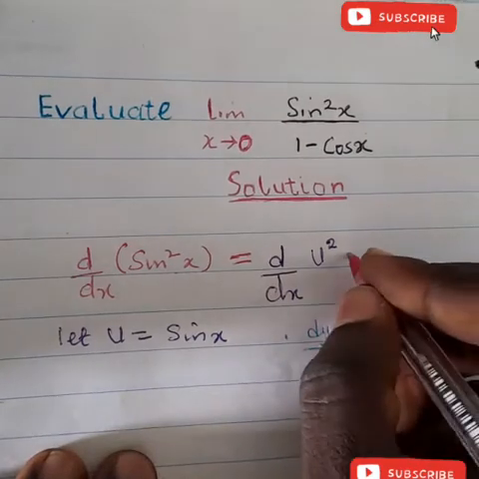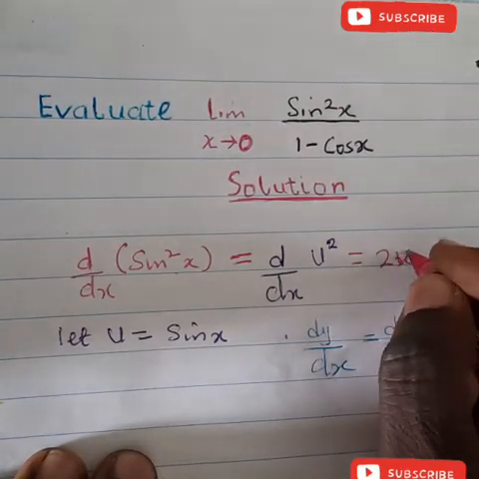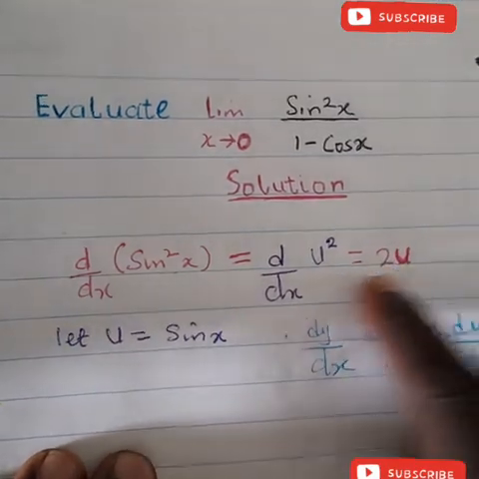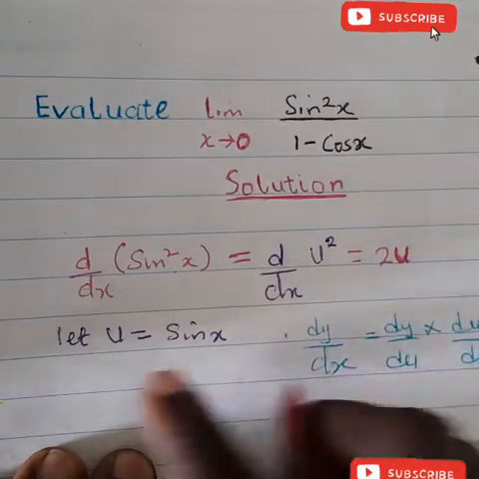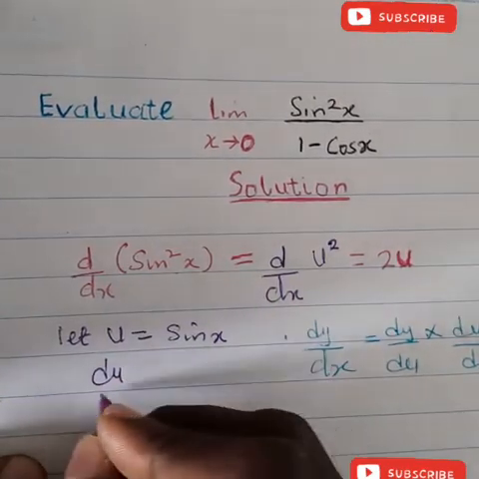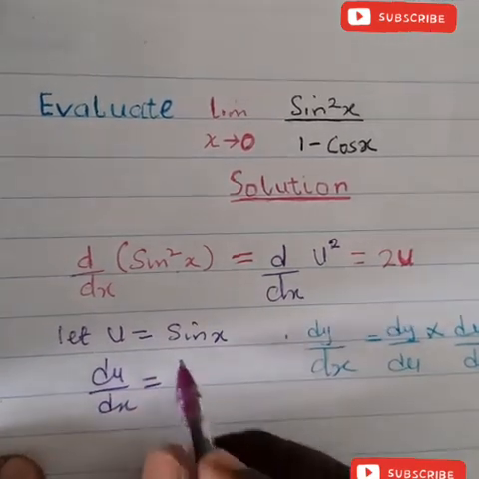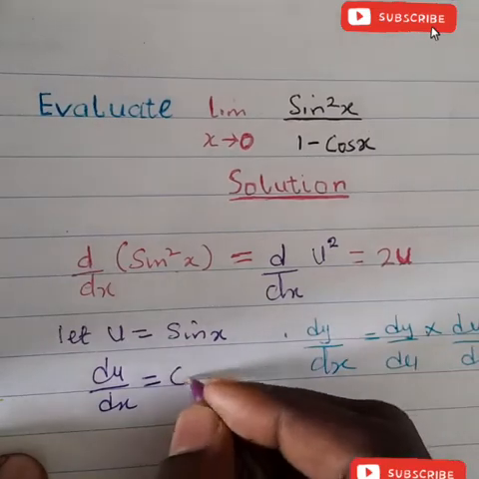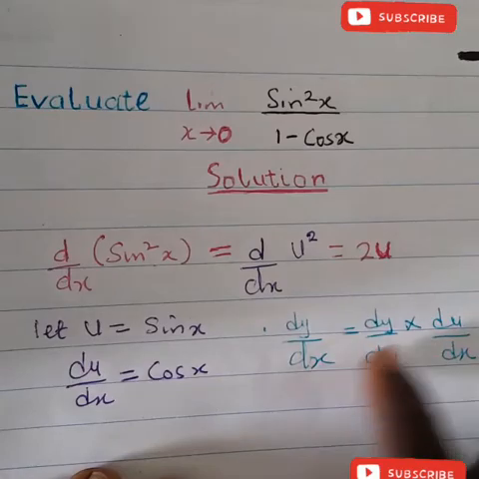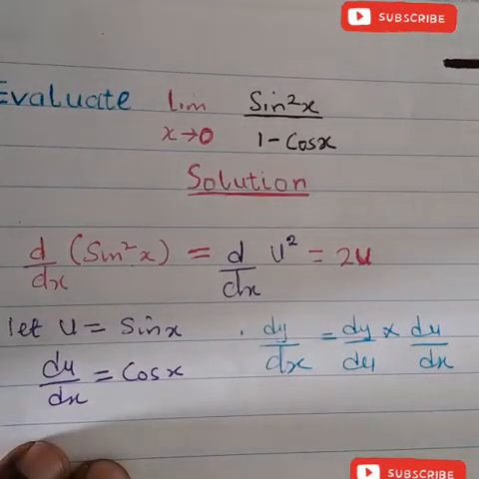On differentiating this, I'm going to have 2u. And when I differentiate u, du/dx is going to be equal to the differential of sin x, which gives us cos x. So when I substitute this into the whole of this, I'm going to have this.